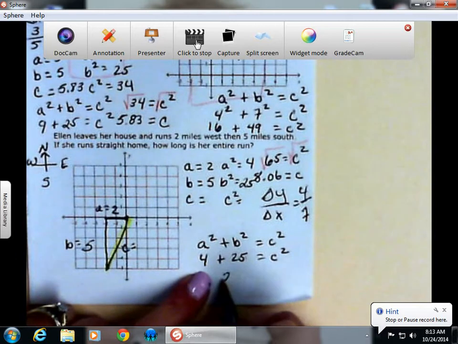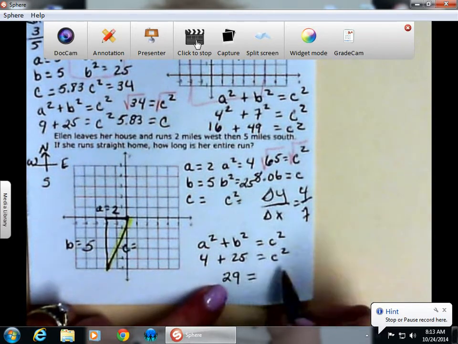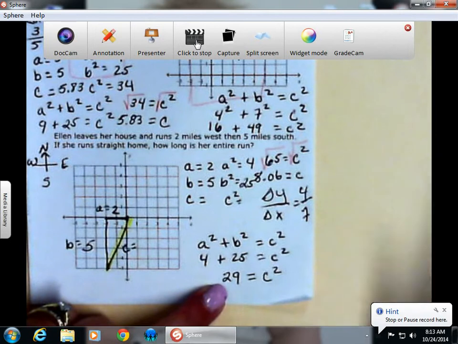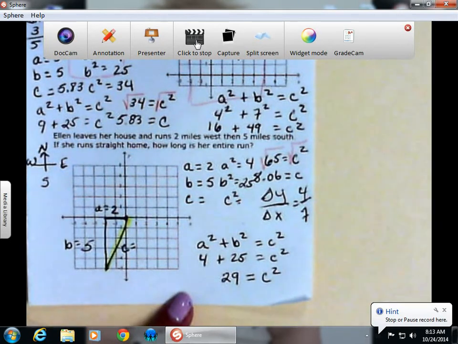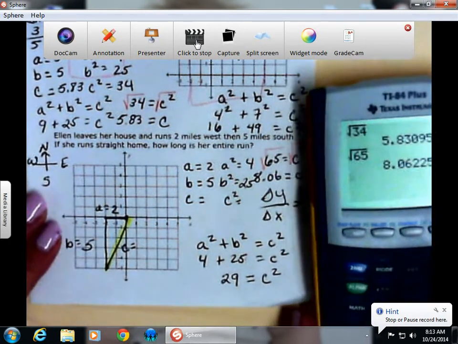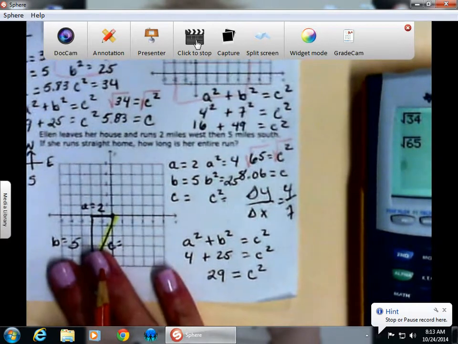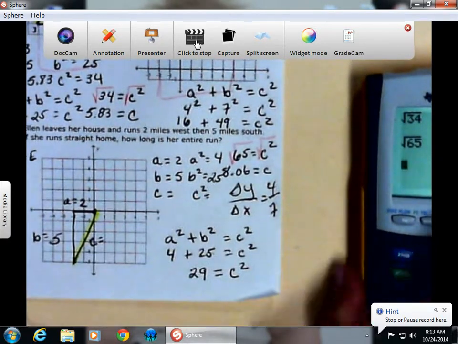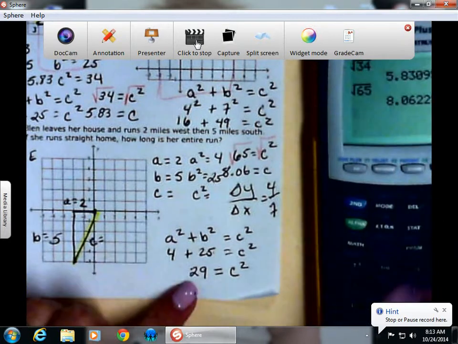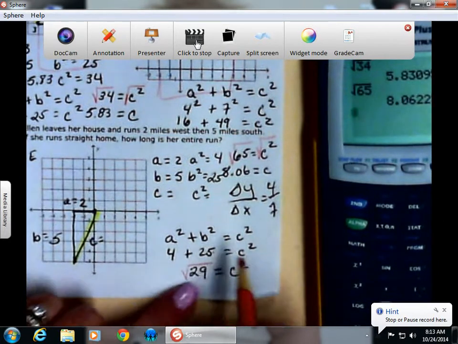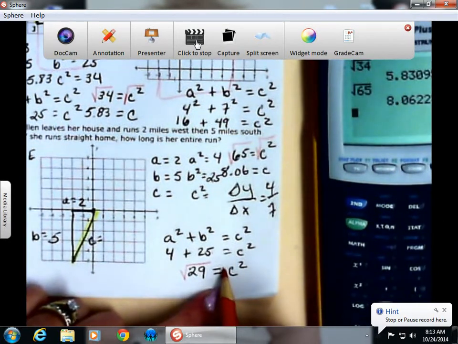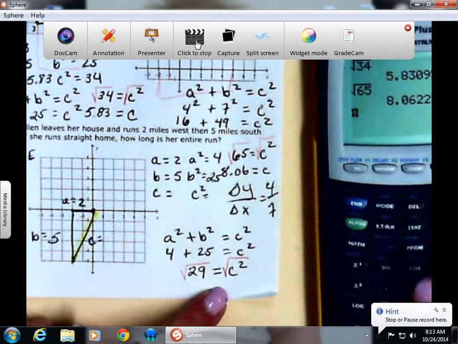Handy dandy calculator again. I'm going to take the square root of 29 and the square root of C squared. Once again, rounding to the nearest hundredth.